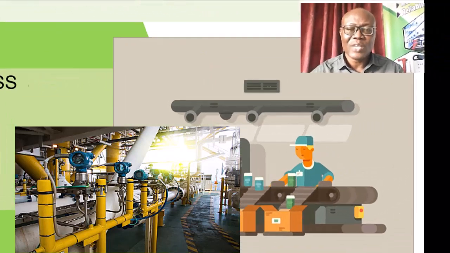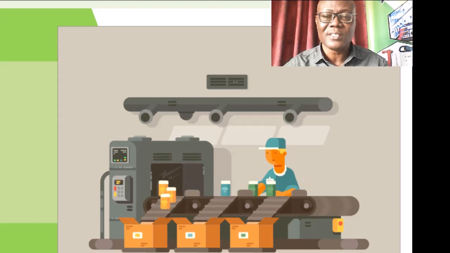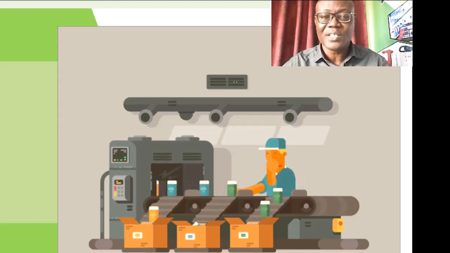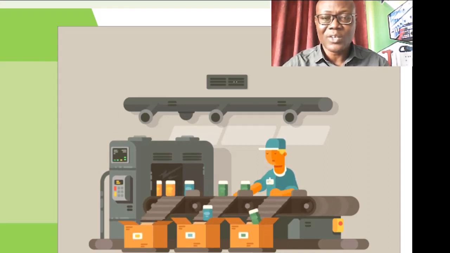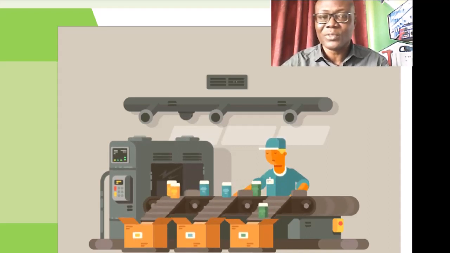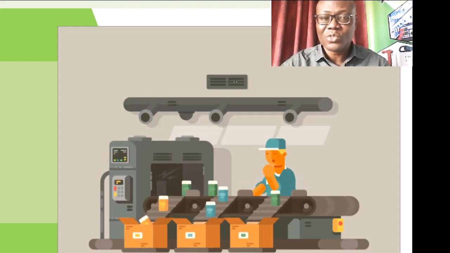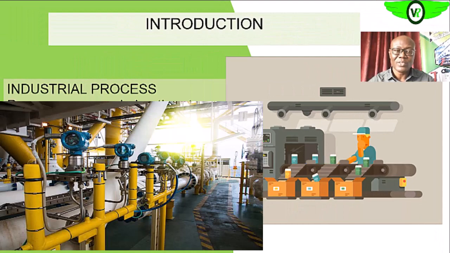Okay. So as you can see on the right of your screen, industrial process is a series of steps that you need to undertake in order to get your final output that constitutes your process in that industrial environment.